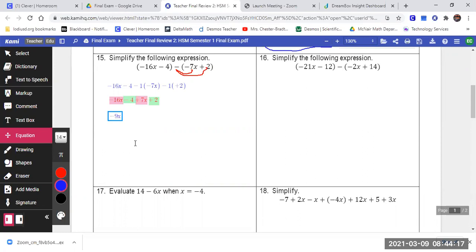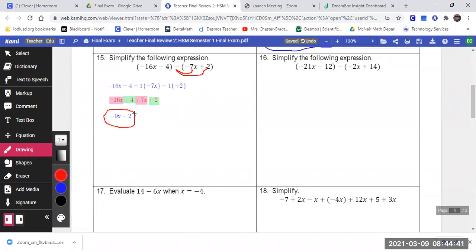Negative. Negative how much? Negative 2. No X on those. Be careful. Watch what's going on. Okay, so that one's all done. That's all they want us to do.